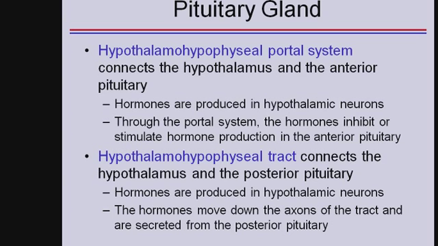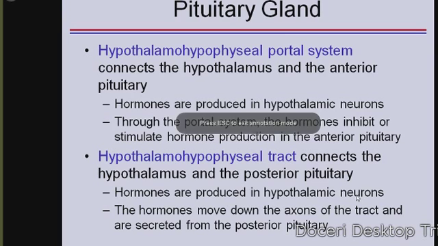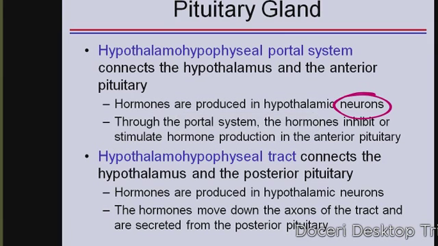Hormones are produced in the hypothalamic neurons, so they're produced in nerve cells. Through the portal system, the hormones inhibit or stimulate hormone production in the anterior pituitary. So the portal system works on the anterior pituitary and is regulated by the hypothalamus.